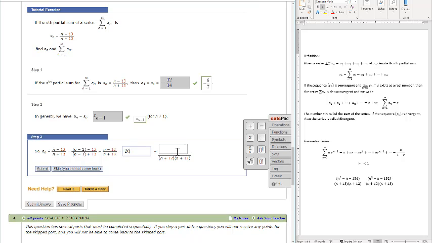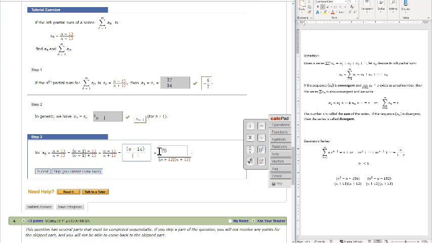So, whoops. Let's type this over again. What was this again? This is n minus 14 divided by n plus 12.